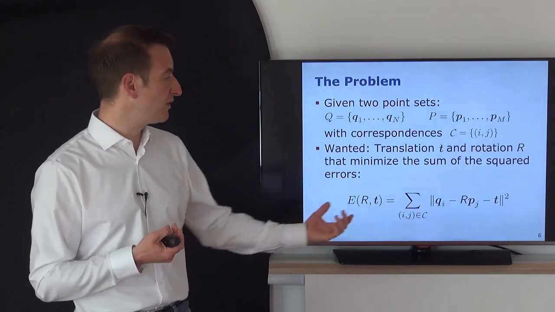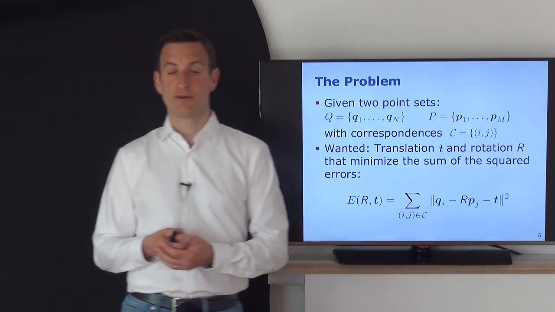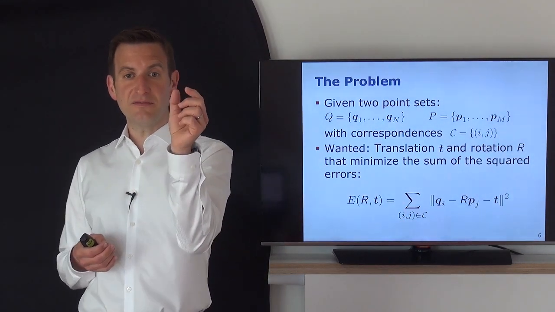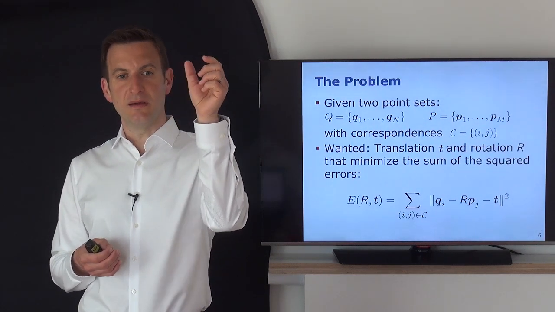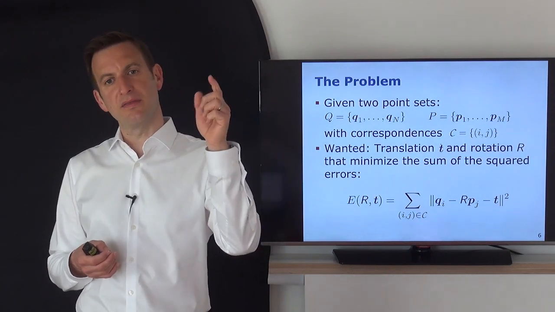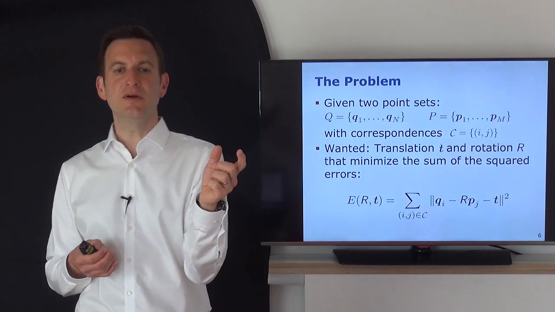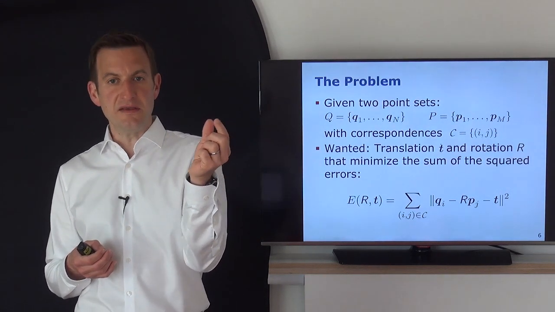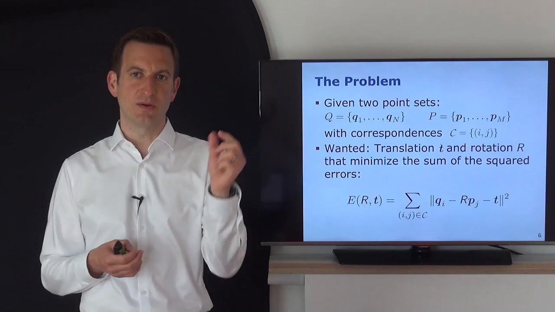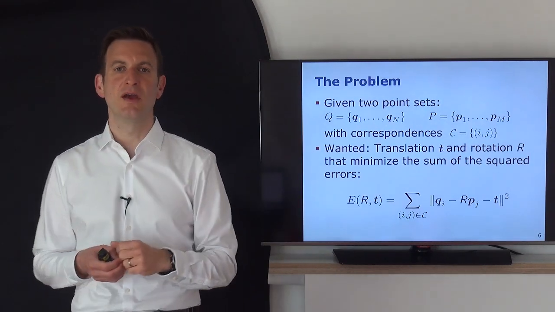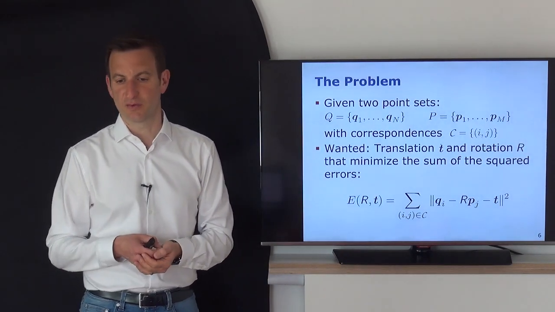And we want to minimize the squared error. That means the difference between the point in scan number 1 and the transformed point in scan number 2 in the coordinate frame of 1, and these distances between all corresponding pairs. We want to minimize the sum of their squared errors.